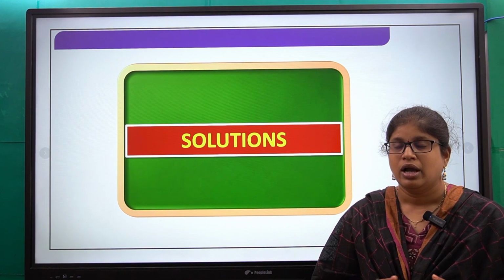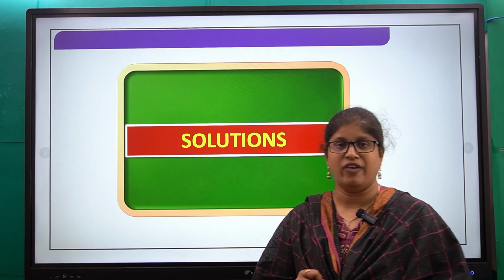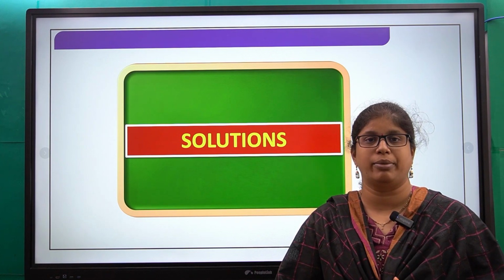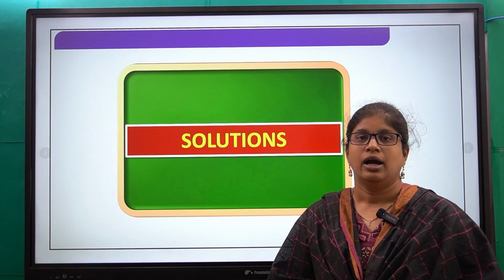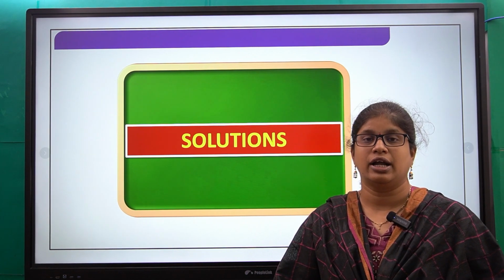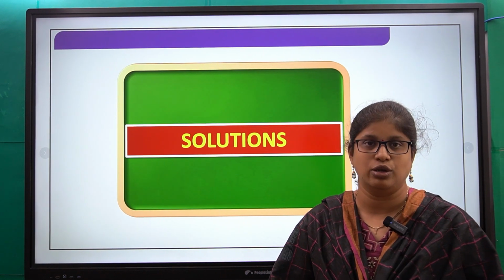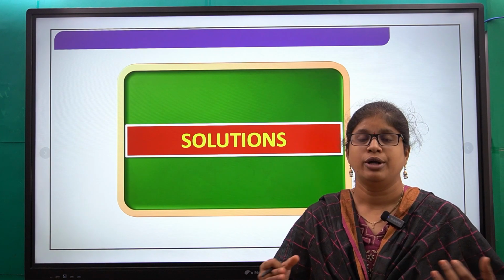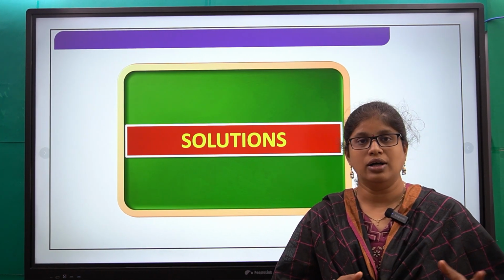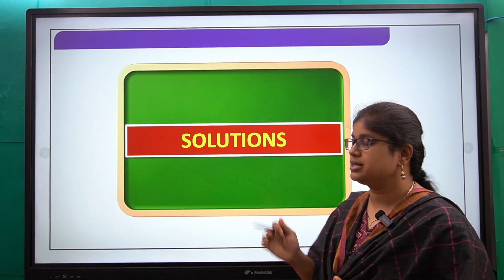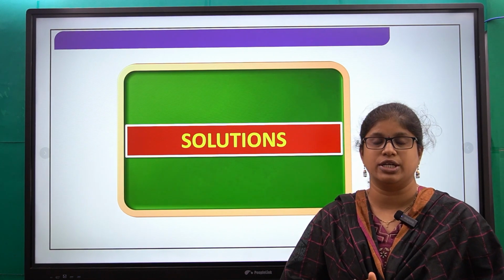How do we find how much of one component is present in another? That is called concentration. How do we find the concentration of a solution, and what are the different ways to express it? All of these we are going to discuss in this chapter, solutions.